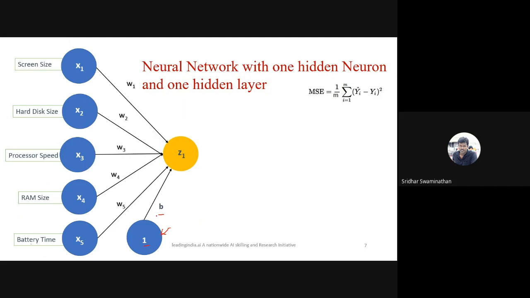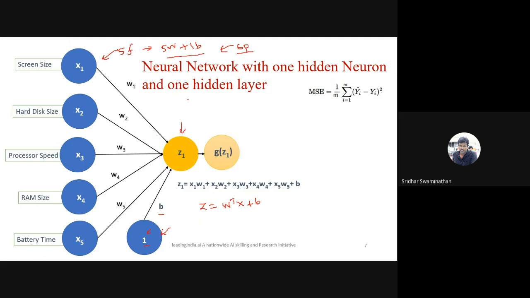Now we compute W1x1 plus W2x2 plus W3x3 up to W5x5 plus bias. This can be written as W transpose X plus B. So if your problem has 5 features, your model will have 5 weights plus 1 bias, so there will be 6 parameters to train.